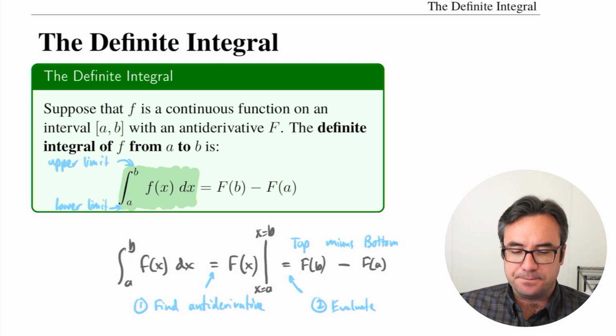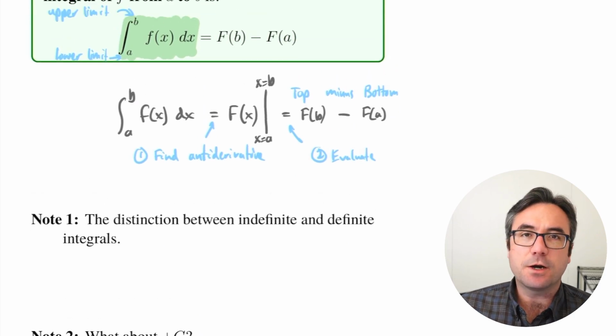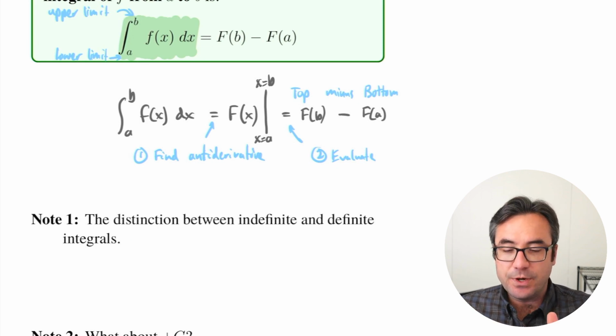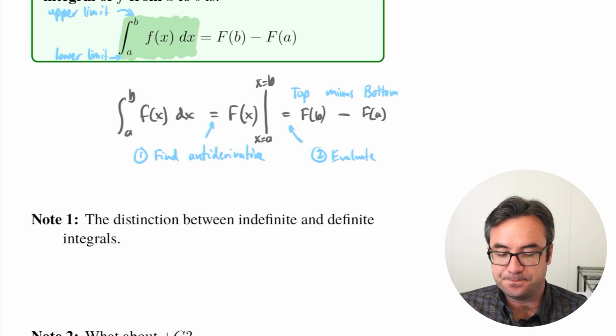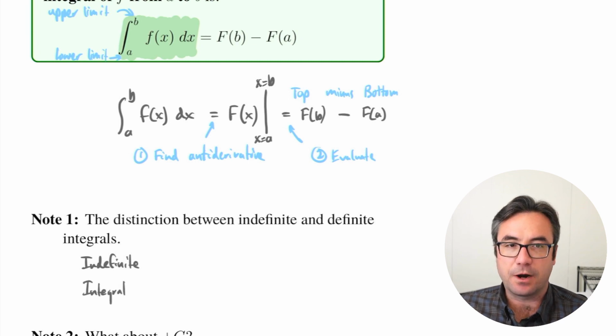All right, so with this in mind, we've talked about antiderivatives and indefinite integrals, and there is a subtle distinction between the two. So when we do indefinite integrals, this is what we've introduced so far.